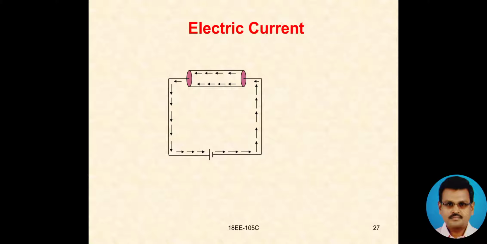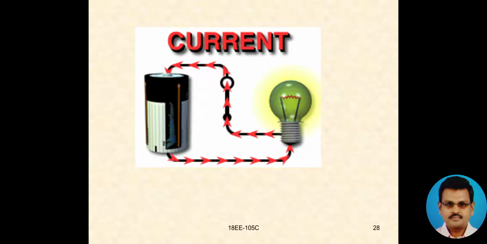Then the electrons will start moving as shown in the direction in the figure, from negative terminal to positive terminal. The small arrows show the flow of electrons, the current.